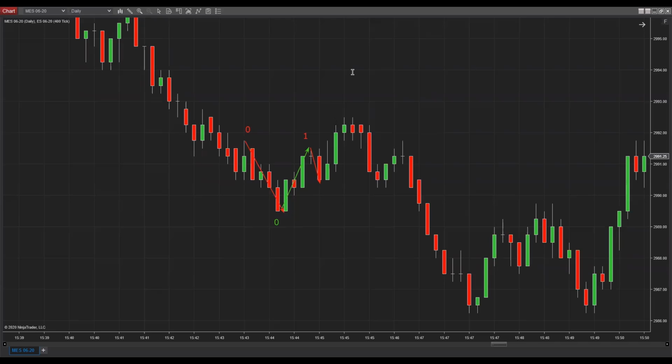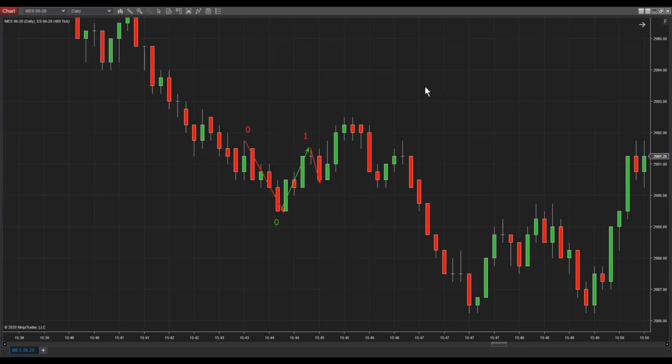It is a 1 because this pivot high, the 1's pivot high, is lower than the 0's pivot high, even by 1 tick. And the counting will continue even if it's equal. So it could be equal or less than. So the counting continues. So we have a 0 here and a 1 here.